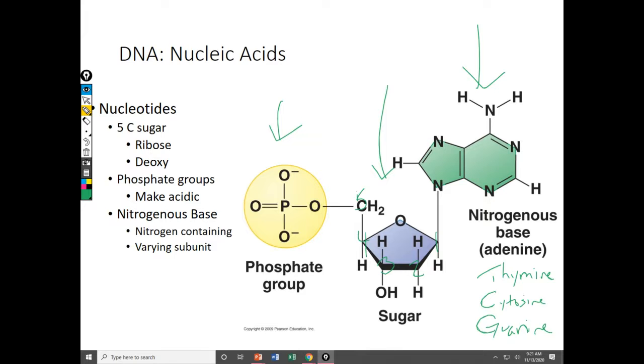Okay, but understand that all 4 of them are nitrogen-containing compounds. Right, that's the key feature here of this green piece. And they all are slightly different sizes and shapes, which is what's giving us the variety here.